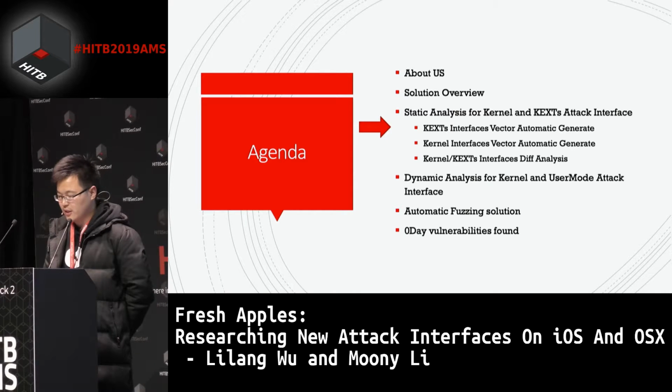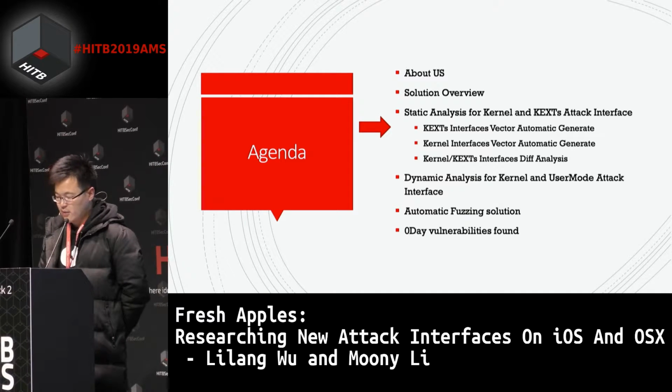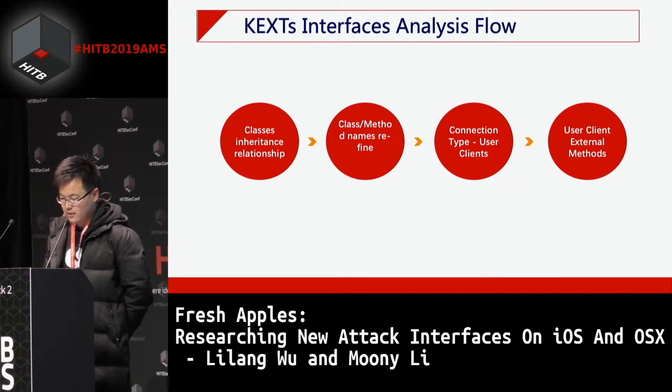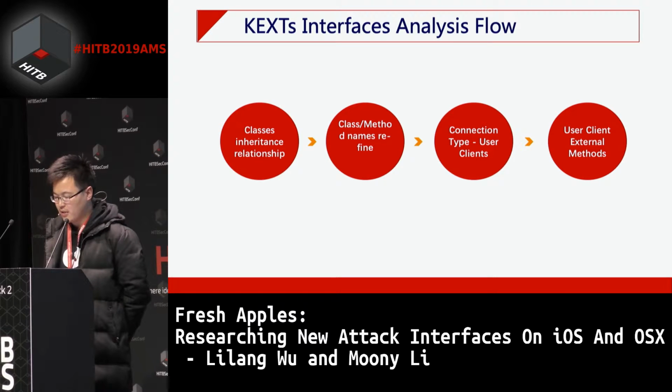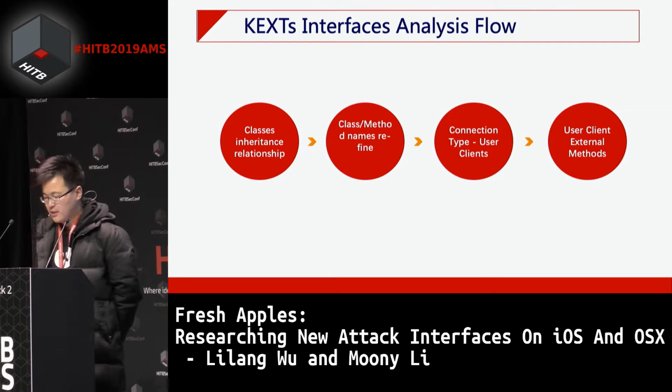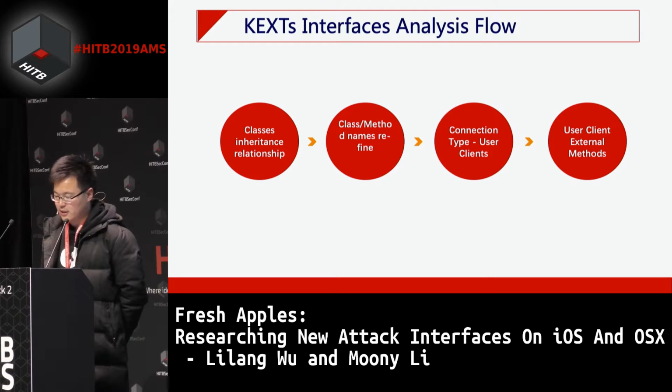Next, we will introduce the automatic generation solution for the kernel extension interfaces vector. It involves 4 steps. We first analyze all the drivers and get all classes in their inheritance relationships. Then we refine the method names based on the inheritance mechanism.